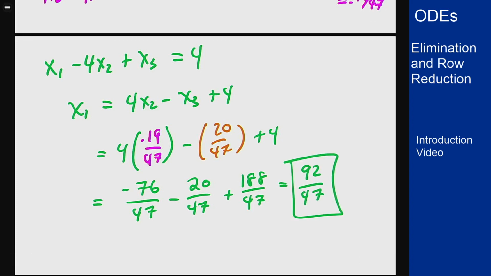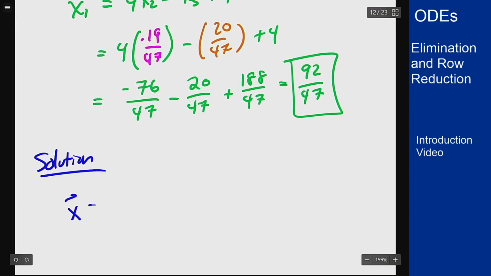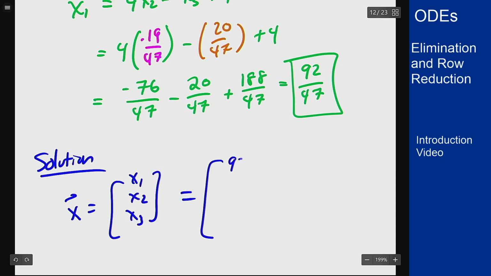So that means my solution is my x vector, which I'll write as x1, x2, x3, is 92 out of 47, negative 19 over 47, and 20 over 47.